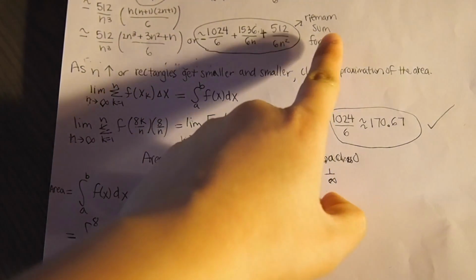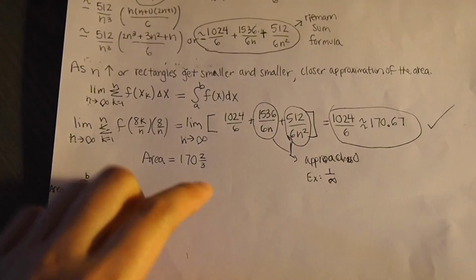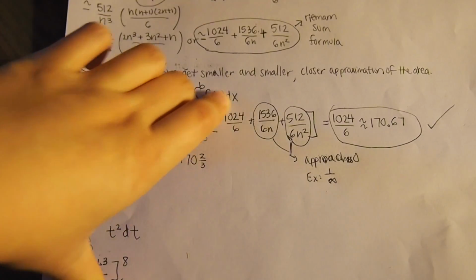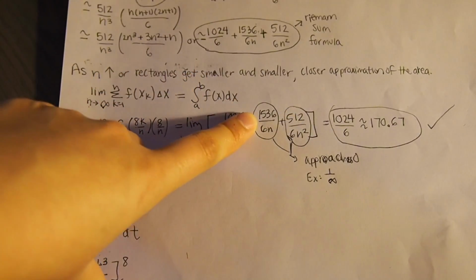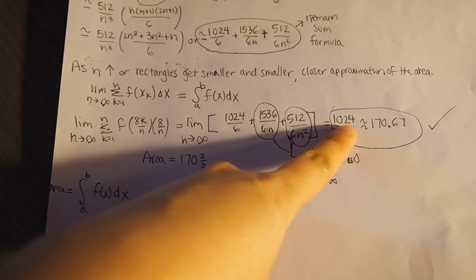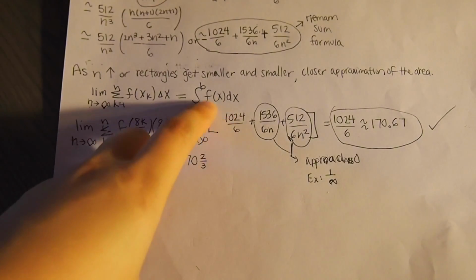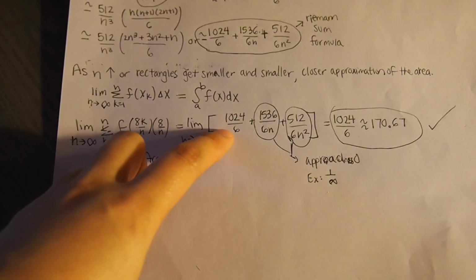using the Riemann sum formula that we found, the limit as n approaches infinity of this formula is actually going to equal 1024 over 6. How I got that answer was that if you find the limit of this value, it's going to stay the same.